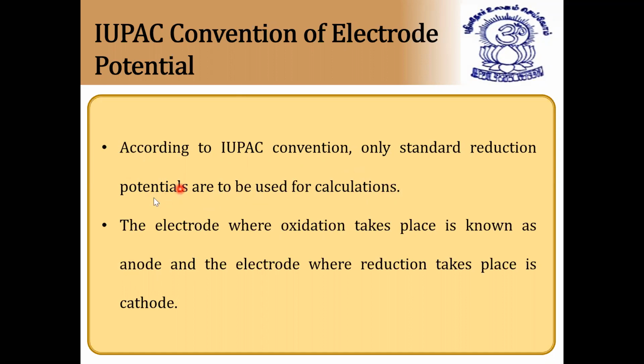So standard reduction potential is important, and we will use reduction potential. What is reduction? Gaining of electrons. The electrode where oxidation takes place is known as the anode, and the electrode where reduction takes place is known as the cathode. So, anode and cathode.